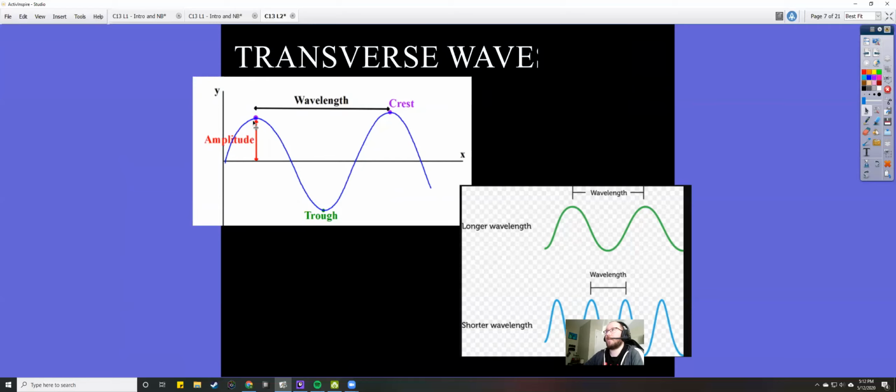You measure wavelength not from resting point to crest or resting point to trough, but from crest to crest, or you can measure it from trough to trough. I prefer crest to crest, and that's probably how I'd want you to do it, just so we can all be on the same page. So crest to crest is our wavelength measurement for transverse waves.